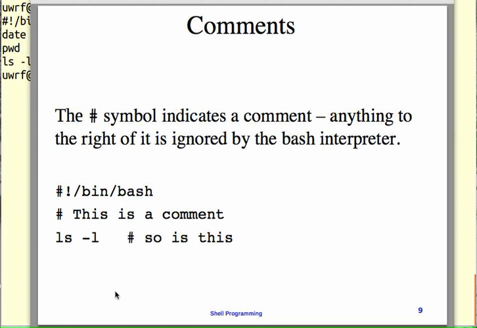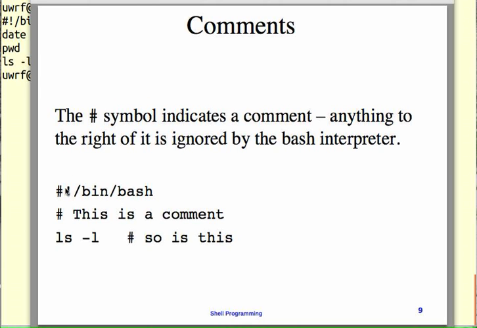Okay, and we also saw that the very first line I said was a comment, but then it was also a sort of indication to the operating system that this file should be interpreted by this interpreter. So anything that starts with a # is a comment. So this is a comment. This is also technically the very first line.